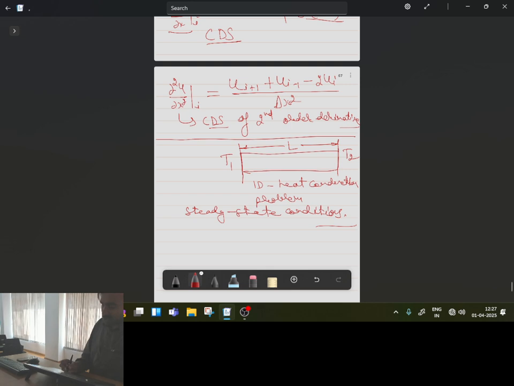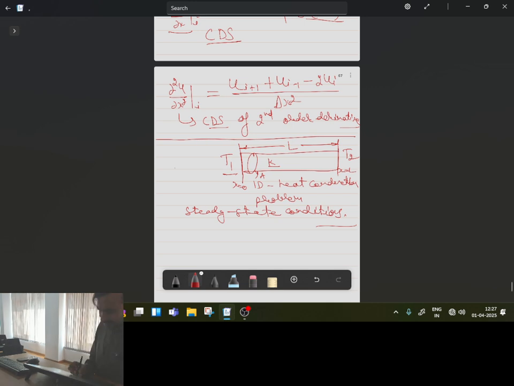So this is a solid rod, its conductivity is given as K, and let us consider A is the cross-sectional area of this rod. Now it is given in the question that the left face at x equal to 0 is maintained at temperature T1 and x equal to L is maintained at temperature T2.